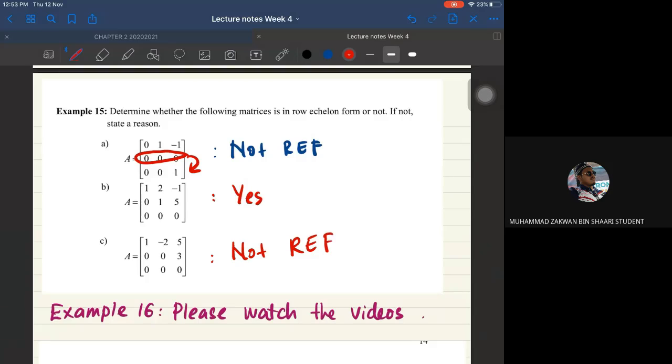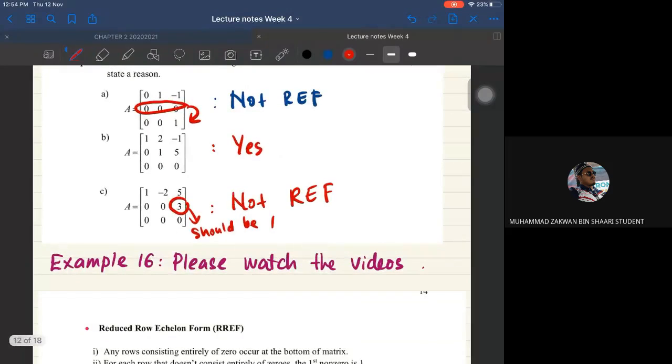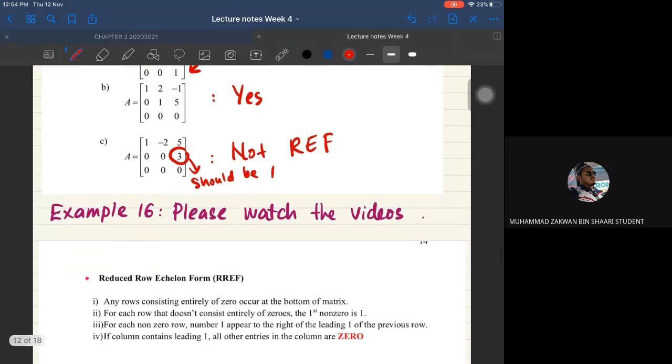Kenapa? Sebab 3 ni. Should be 1. Okay. So kalau ada lagi yang tak faham REF ni, awak boleh nanti tengok video ni. Okay. And try to do example 16.